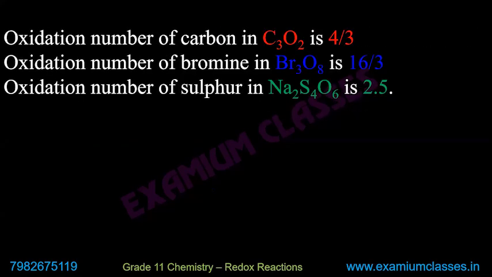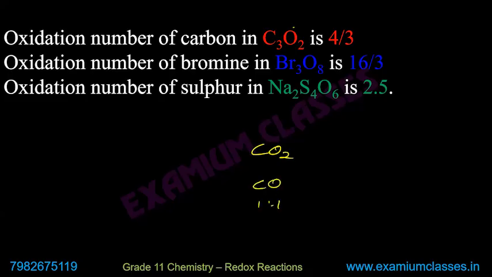So I have already told you. Now the oxidation number of carbon, these are the examples. This is called carbon suboxide. Why is this called carbon suboxide? Because normally if oxygen is associated with carbon, then it is CO2. So the ratio is 1:2 or at least 1:1.